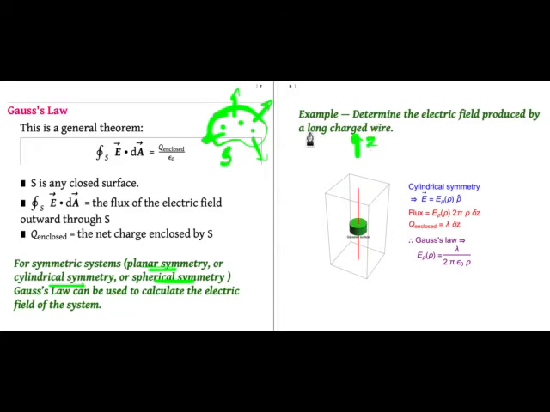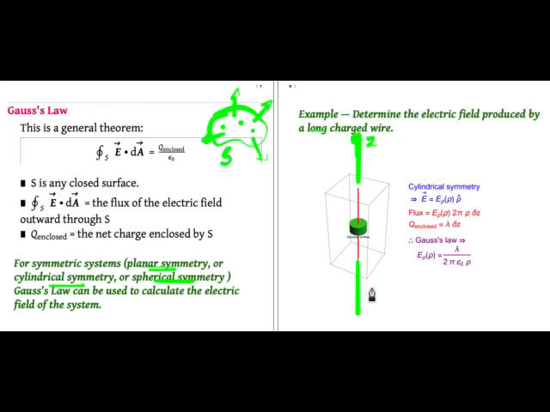Since it says it's a long charged wire, I could just take the charge to be spread throughout the whole z-axis. As long as I'm not considering the field at the end, as long as I'm considering the field in the middle, I can take the limit that the wire extends off to infinity. And that'll be a perfectly good approximation.